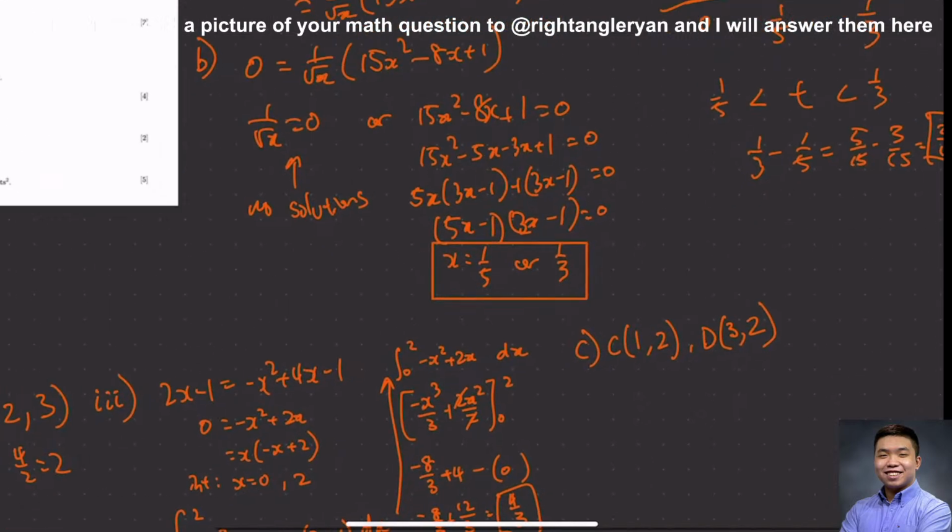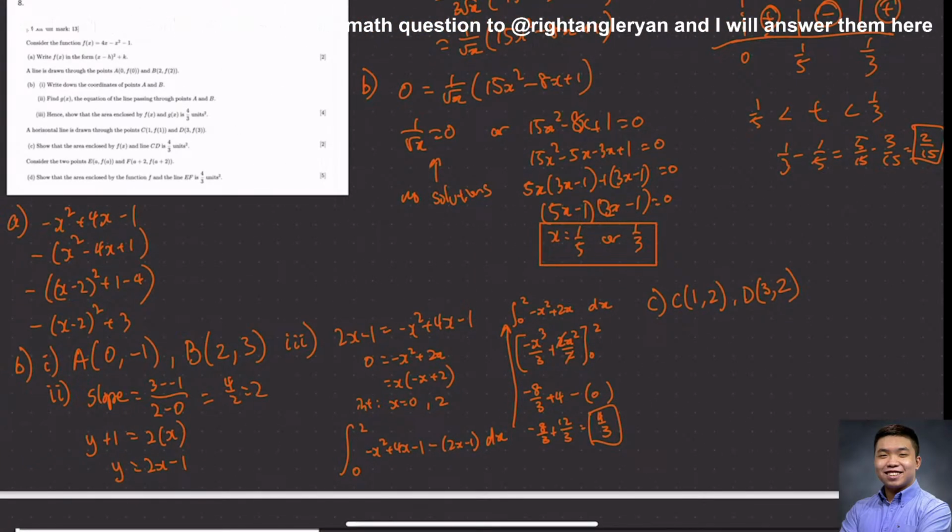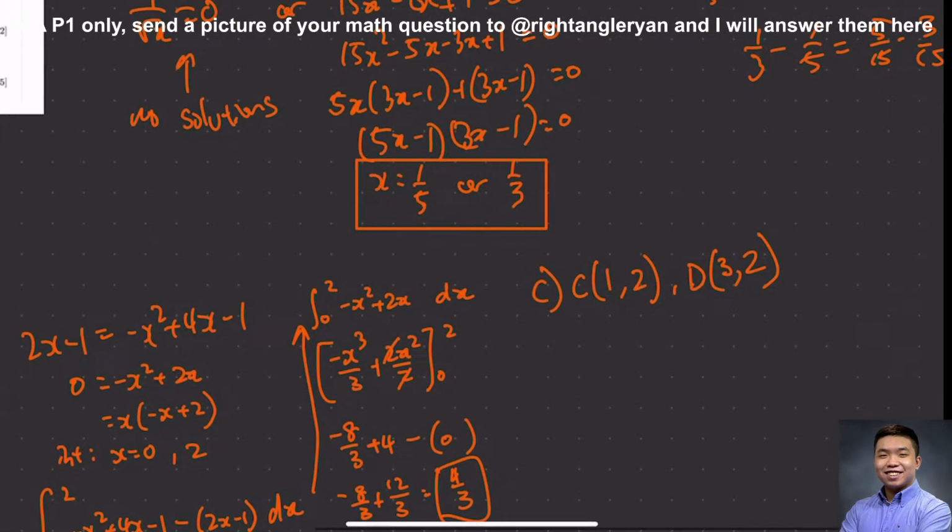Like that. So again, we need to find the line CD. So CD has the equation, 0 slope. Oh, slope is 0. So that means we have y minus 2 equals 0x minus 1, so therefore y equals 2.